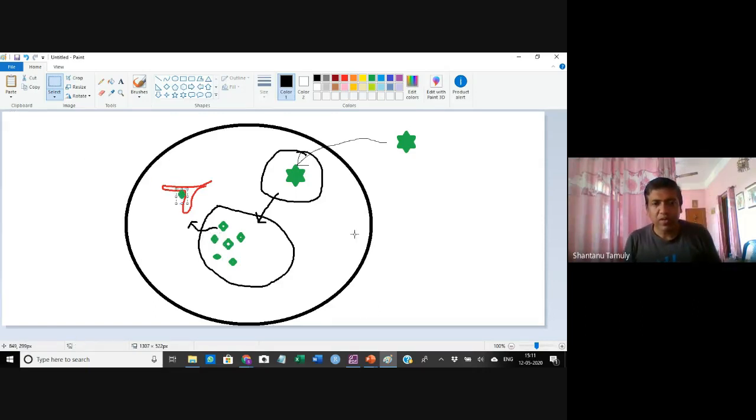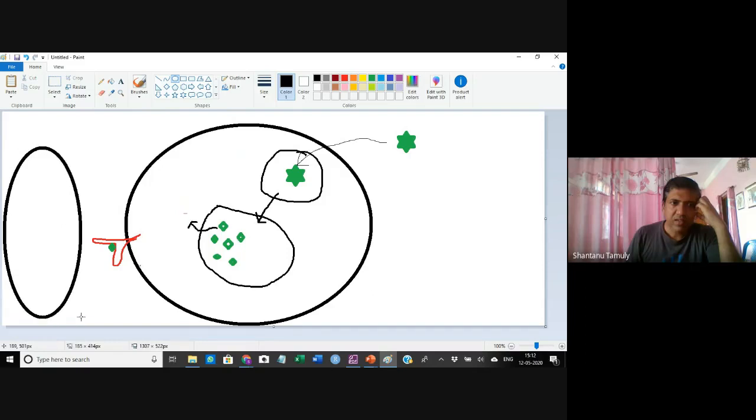This MHC complex has a particular cavity, or a particular pocket, where these antigenic peptides will be loaded, and after that this will move to the cell surface. Then this will be recognized by the T cell.